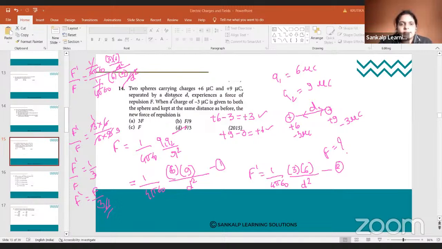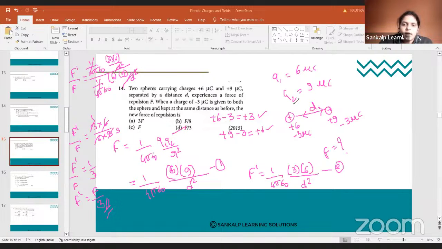So see, I'll repeat once. You have two spheres of charge plus 6 microcoulomb and plus 9 microcoulomb. So you have two charges, two spheres, two objects, and the charge of each is given, one is 6 and the other is 9. They are separated by some distance. As both are plus charges, there will be the force of repulsion.